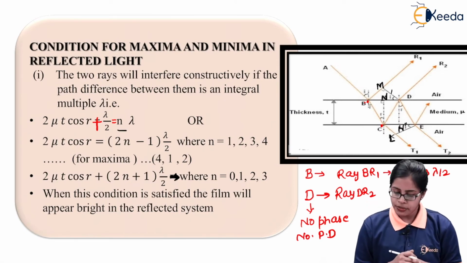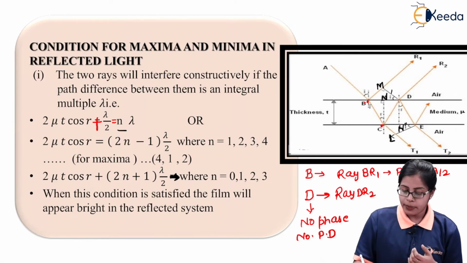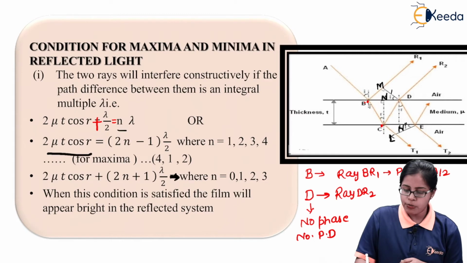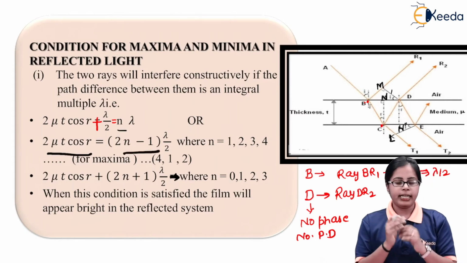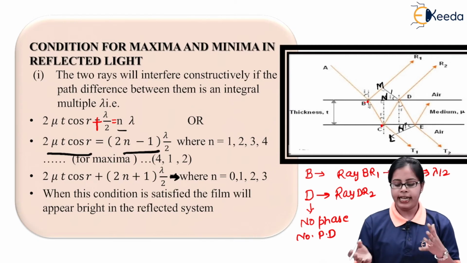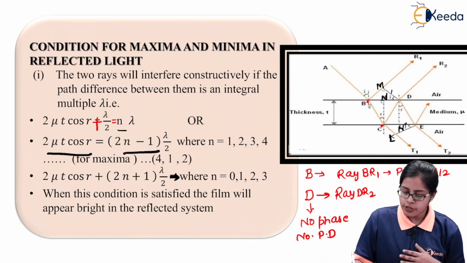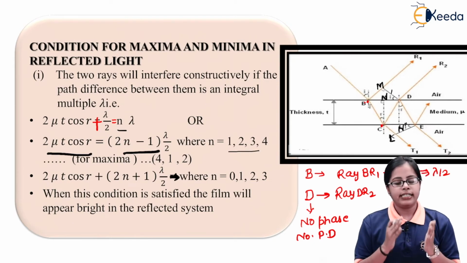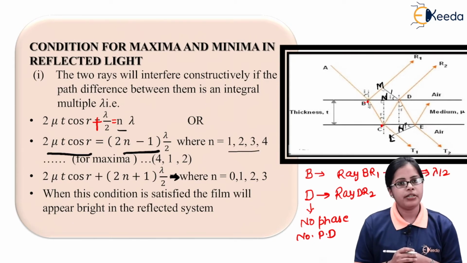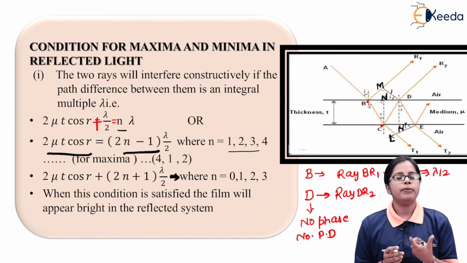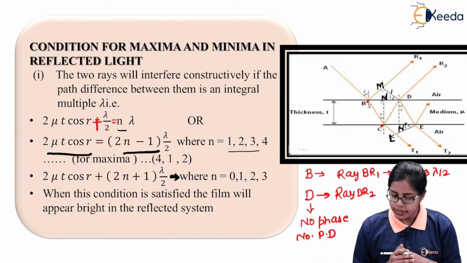That is one condition. Now if we shuffle this equation and take the lambda by 2 to the other side, we get 2 mu t cos r equals (2n minus 1) into lambda by 2. Here n indicates integers, starting from 1, 2, 3, 4 and so on. This condition is the condition for obtaining the maxima, or the bright band, or the constructive interference.